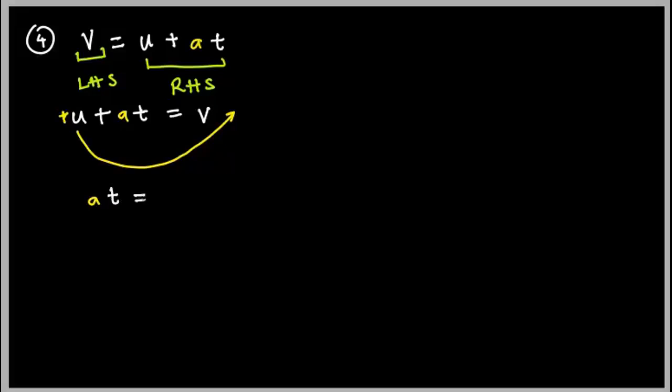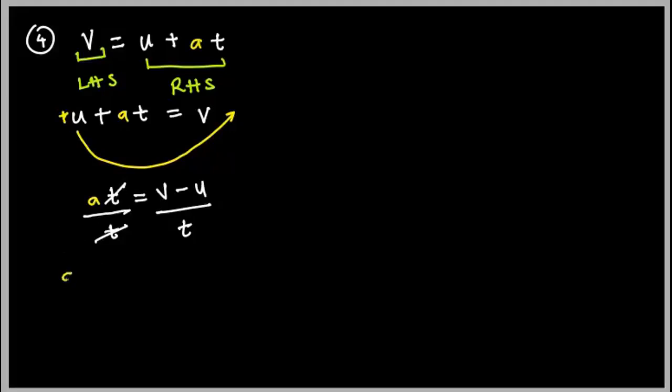Since u has been moved to the right, it becomes minus u. And to get my actual a, which I'm looking for, I'll have to divide both sides by t. So that t will cancel out t here, and I'll have a.